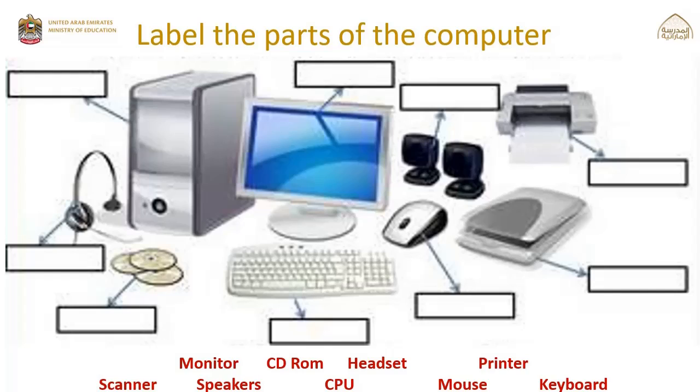Okay, now look at this activity. You have to look at the picture, and there are some empty boxes. The options are given below, and you have to select the options and fill in the boxes to label the parts of the computer. Different parts of the computer are given below. Just select the proper hardware option and put it in the box.